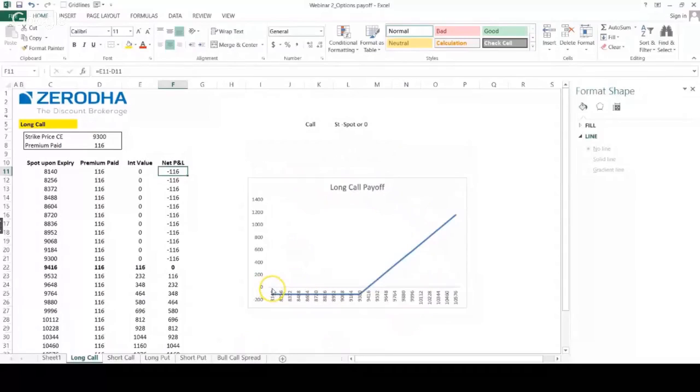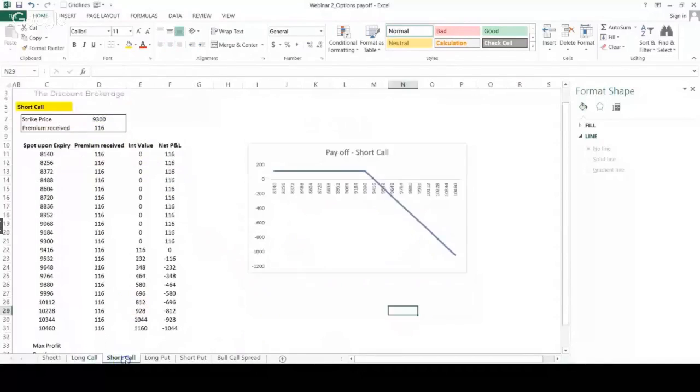Look at this. The maximum loss that the person who's gone long will suffer is to the extent of the premium paid. Likewise, the maximum profit here is to the extent of the premium received.